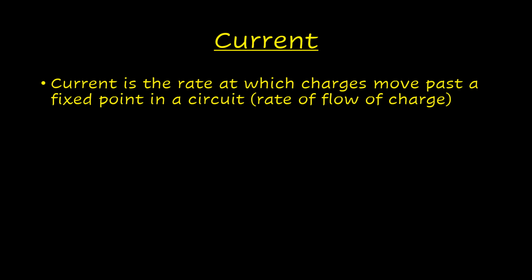This is why current is defined as the rate at which charges move past a fixed point in a circuit, or simply said, the rate of flow of charge.